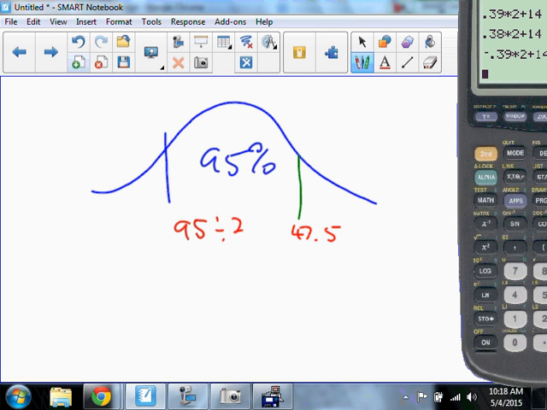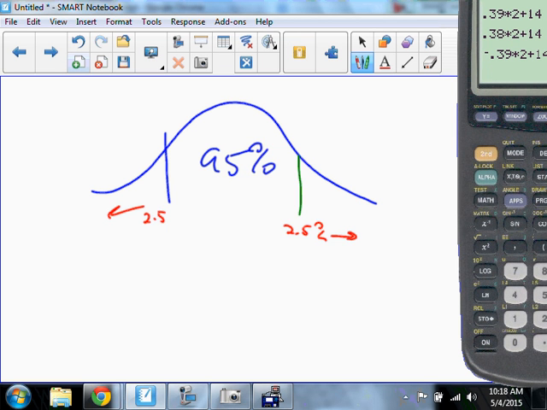Actually, what did they say then? So I guess that leaves 2.5% below and 2.5% above.